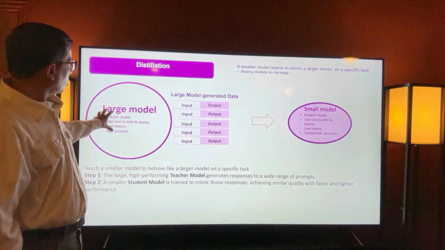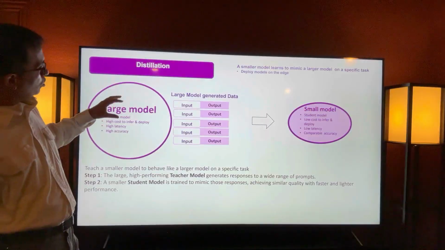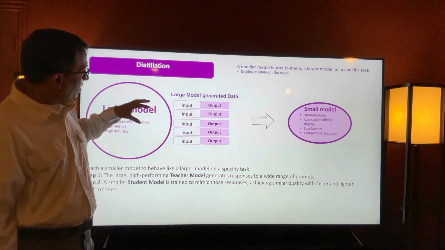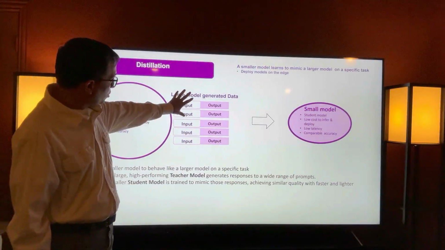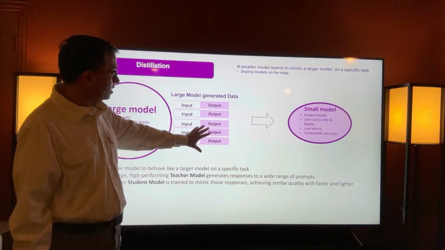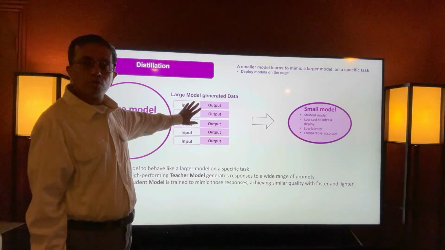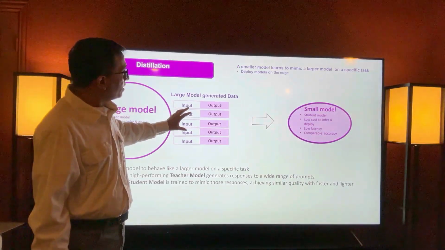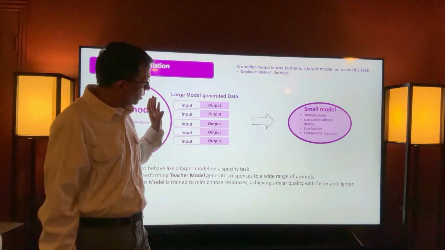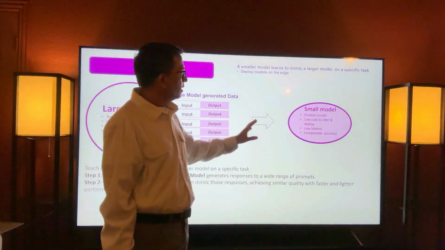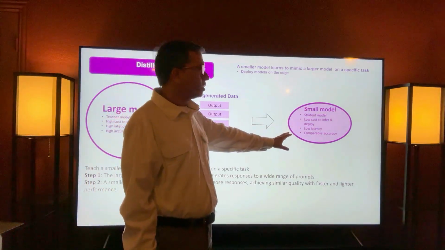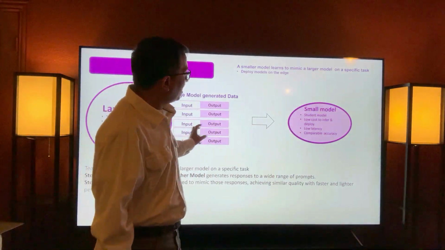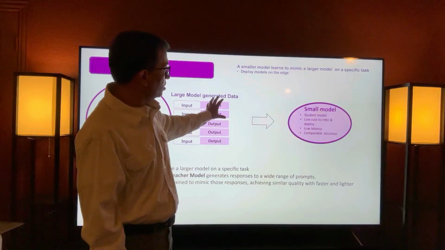So you use a large language model to generate synthetic data, and this data, you like it. It's well suited for your task. It is okay for your business, and then you use this data to train a small model. Now the small model is a student model, and the benefit is it learns this business.